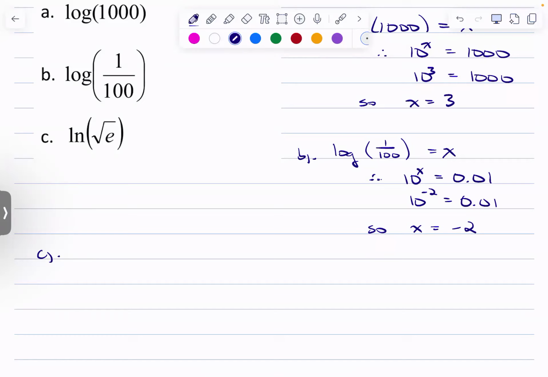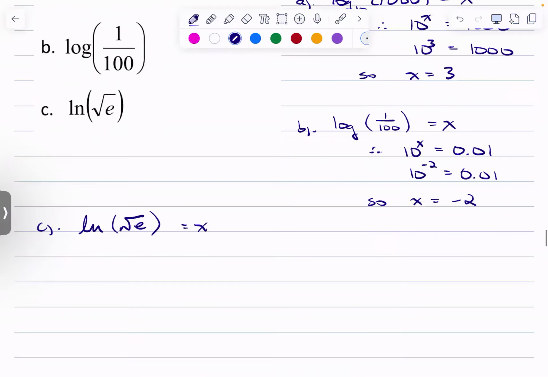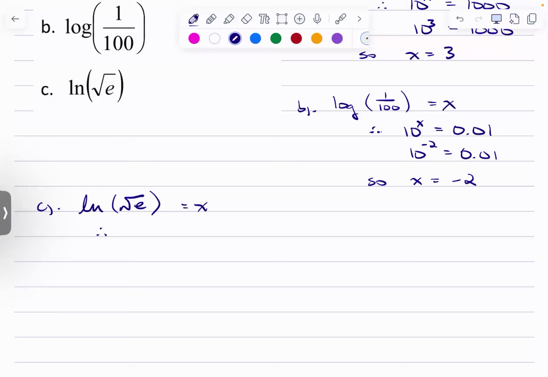ln, natural log, that's log base e. So I have the ln of the square root of e equal to x. Rewriting this as an exponential, I have e to the power of x equals the square root of e.